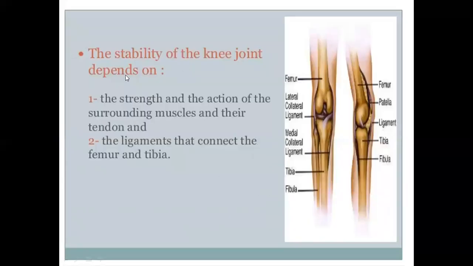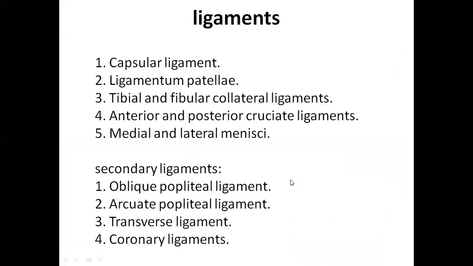Now, the stability of the knee joint depends on the strength and action of surrounding muscles and their tendons and the ligaments that connect femur to tibia. Now, we should know the various ligaments which take part in the formation of the joint.